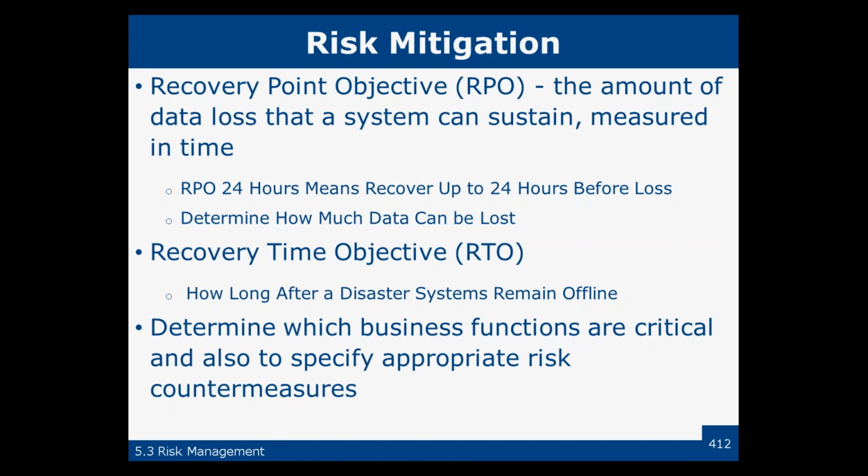That's just an example. You have to determine what your RPO is. If you have orders, you probably want them up really quickly, otherwise you're going to be losing those orders and probably losing the customer when they don't get their item. So what we're doing here is determining how much data can be lost.